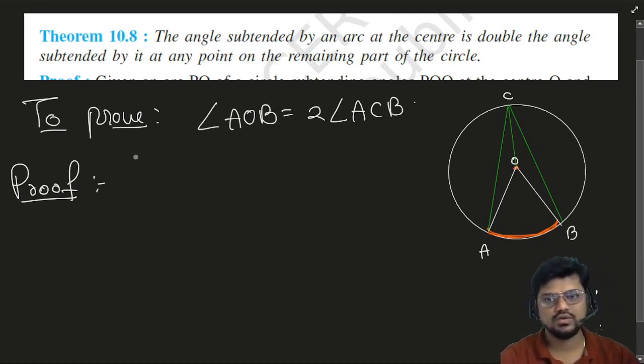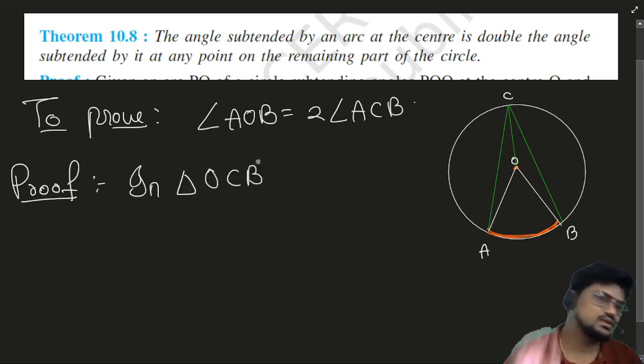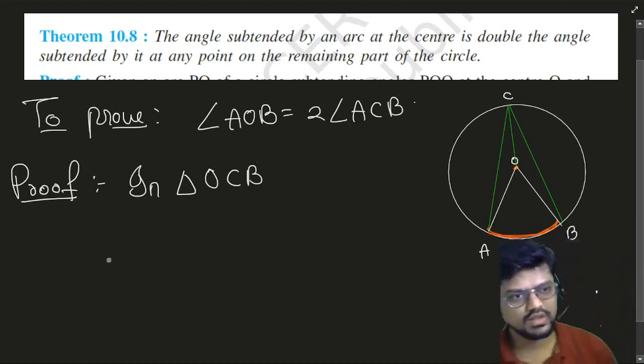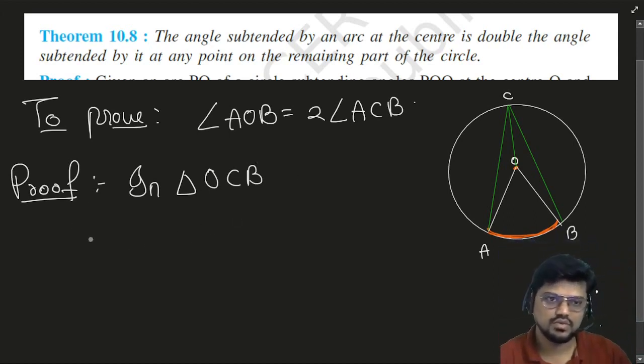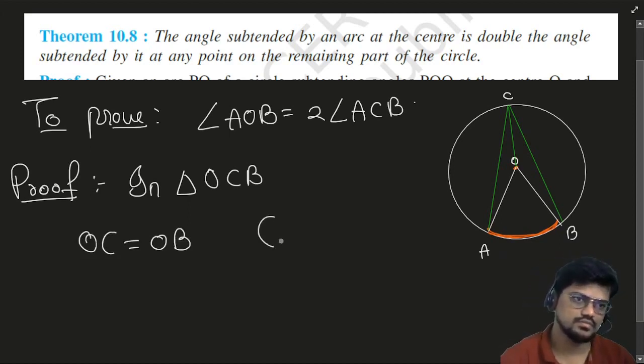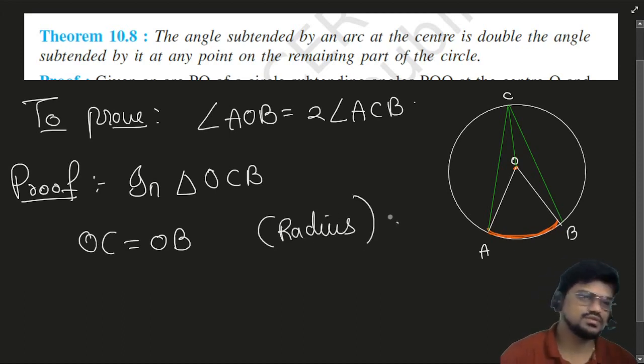Now, in triangle OCB, what I know is that OC is equal to OB. What is the reason? They are radii of the same circle. Yeah, radius of the same circle. So I can say OC is equal to OB.